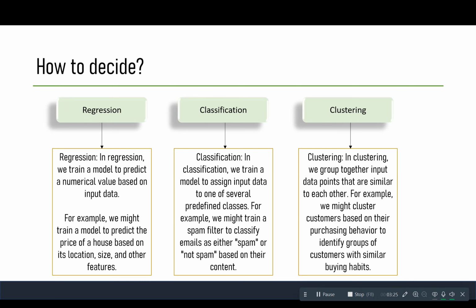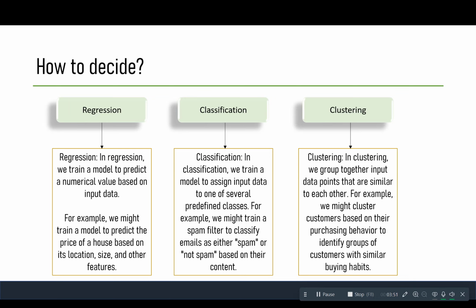Regression is another type of supervised learning algorithm that involves predicting a numerical value. The input data could be anything such as age, temperature, stock price, and the output of a regression algorithm is a continuous value. Some common examples of regression problems include stock price prediction, house price prediction, weather forecasting.